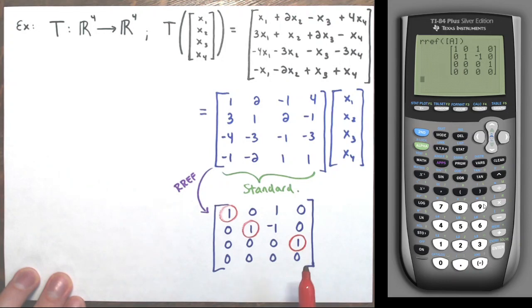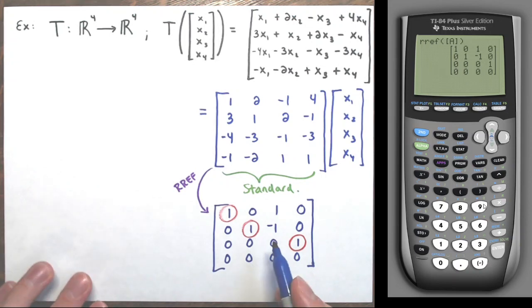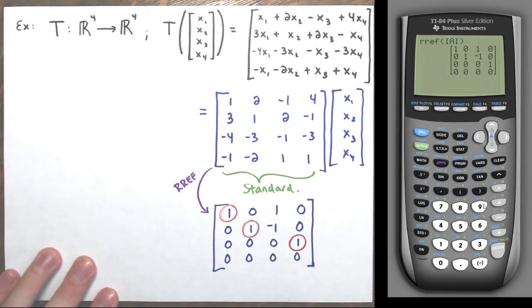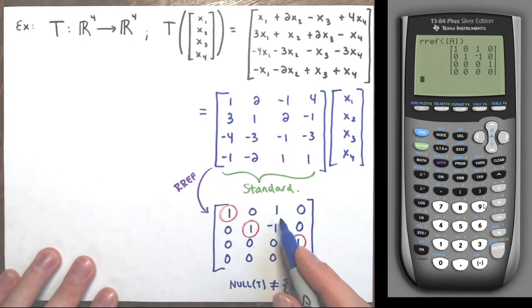So the first, second, and fourth columns are pivot columns, but not every column is a pivot column. That means that the null space of this transformation is not going to be just the 0 vector. There's a free variable here.